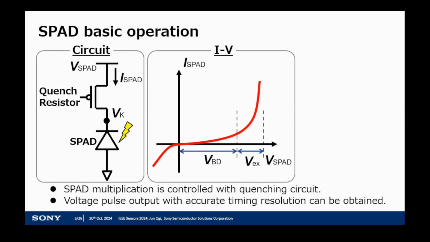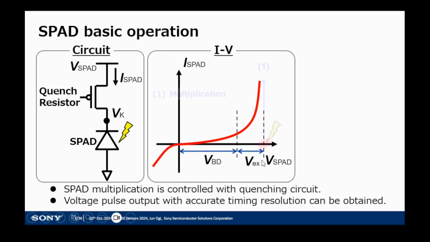The difference between the breakdown voltage and the applied voltage is referred to as the excess voltage, Vex. In order to detect a single photon, it is first required to apply the excess voltage, but no current flows until the photon incidence.